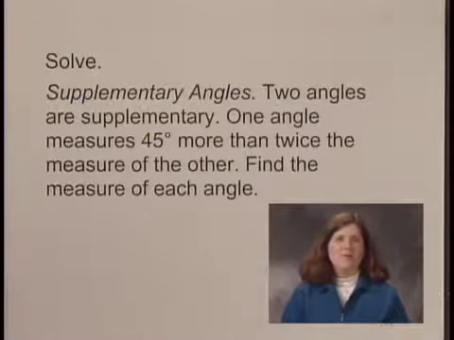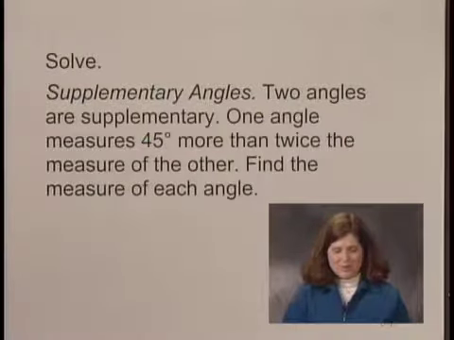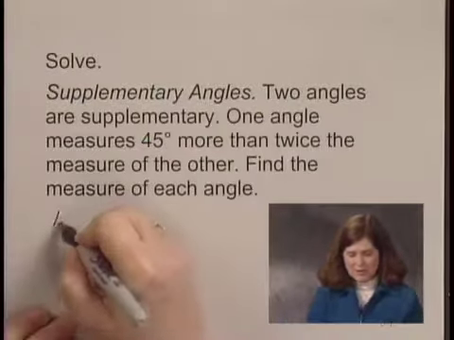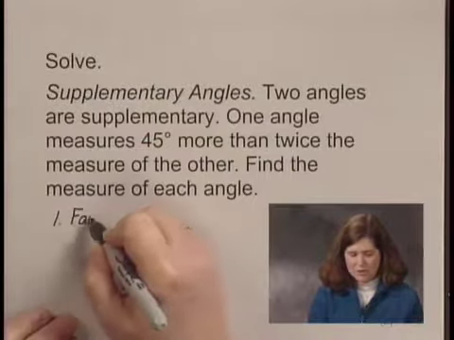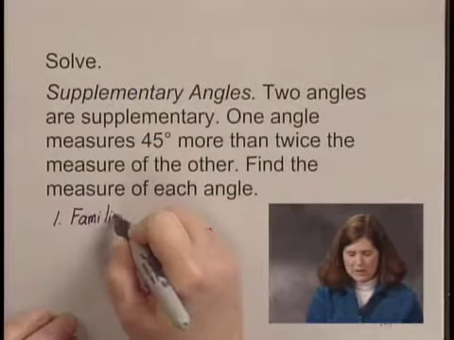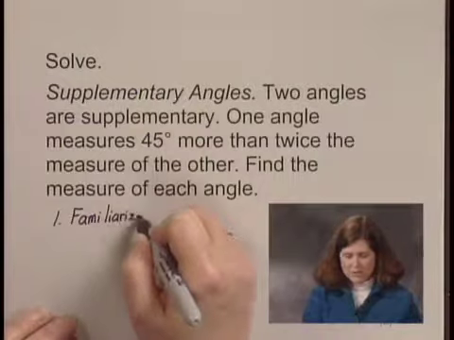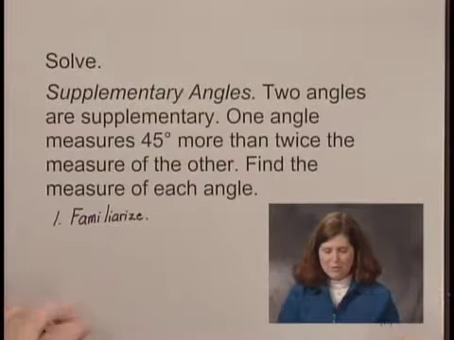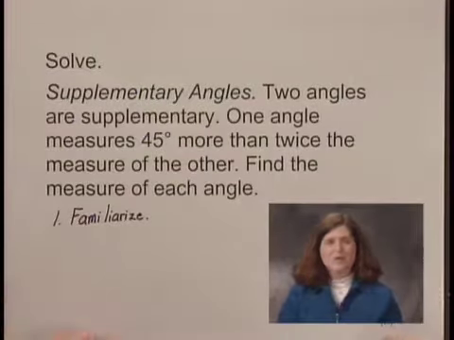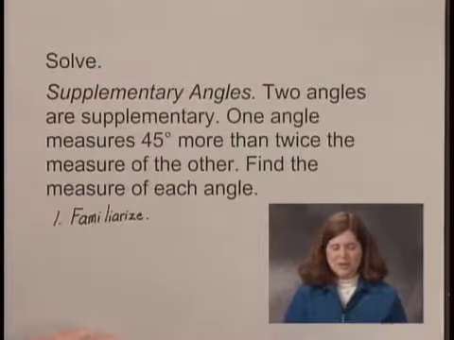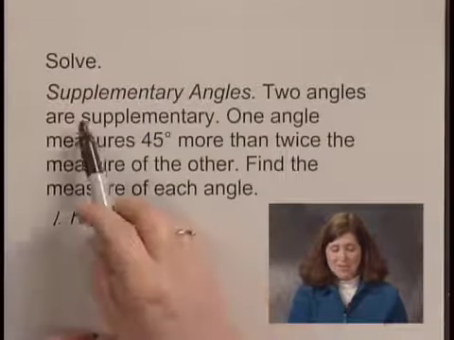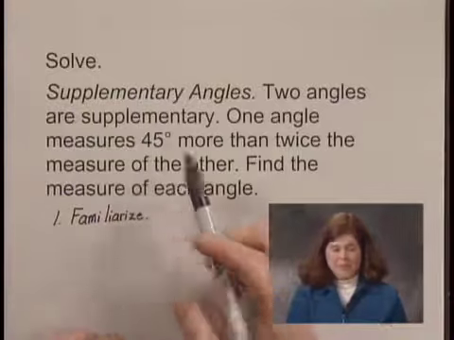We'll use the 5-step problem-solving strategy, and the first step is to familiarize ourselves with the situation. Now, we can familiarize ourselves with the situation, first of all, by reading the problem carefully. If there are any words that you're not sure of, you need to know what they mean. One might be the word supplementary.